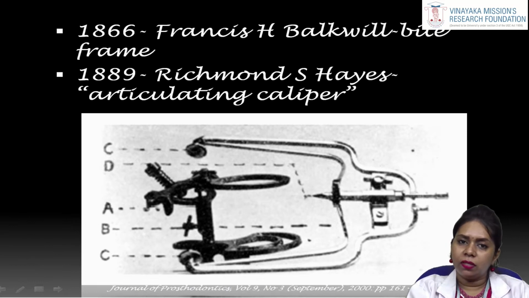He named this device the articulating caliper. Though it did not enable a fixed transfer or a three-dimensional orientation of the cast to the articulator, its only purpose was to record the distance from the patient's condyle to a point along the midline on the maxillary occlusal rim.